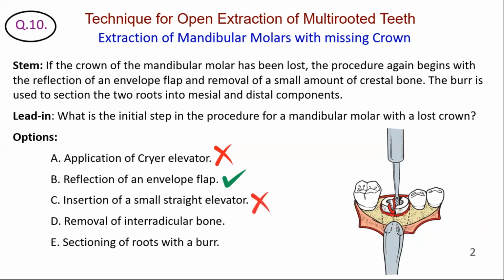Used after root sectioning, this step is not initially performed. This is performed after the envelope flap is reflected. So the correct answer is B. The initial step is the reflection of an envelope flap to access the surgical area.